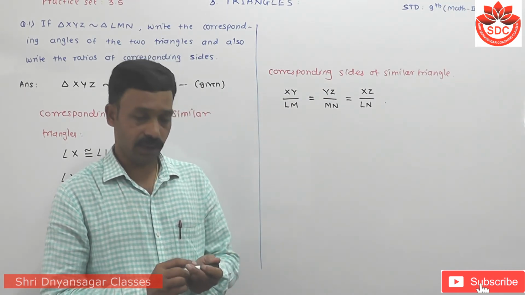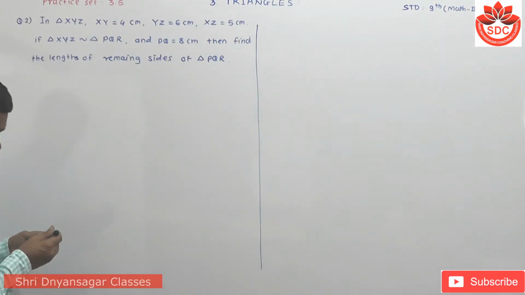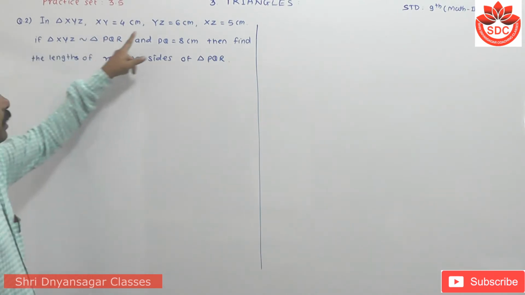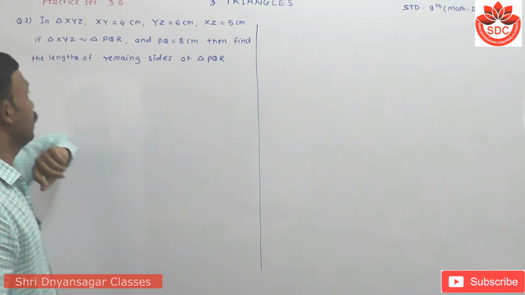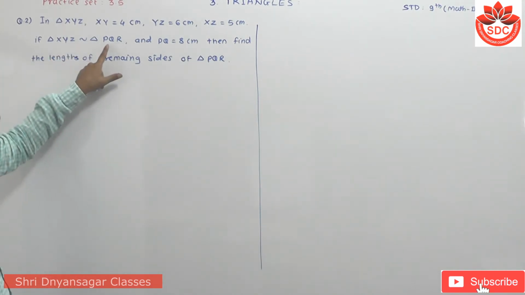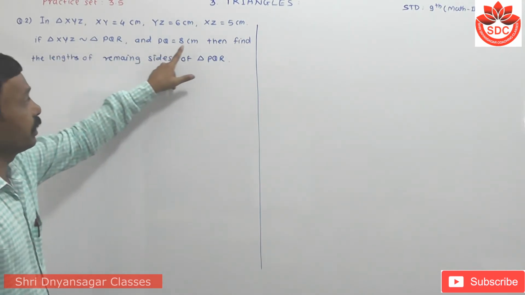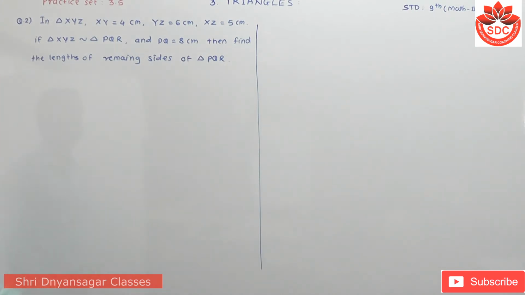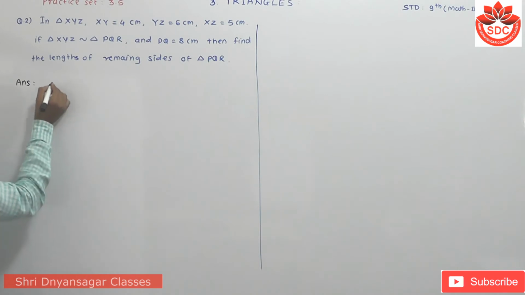Okay, we take the second question. In triangle XYZ, XY is 4 cm, YZ is 6 cm, XZ is 5 cm. Triangle XYZ is similar to triangle PQR, PQ is 8 cm. Find the lengths of the remaining sides. Now its answer is so simple, look carefully.